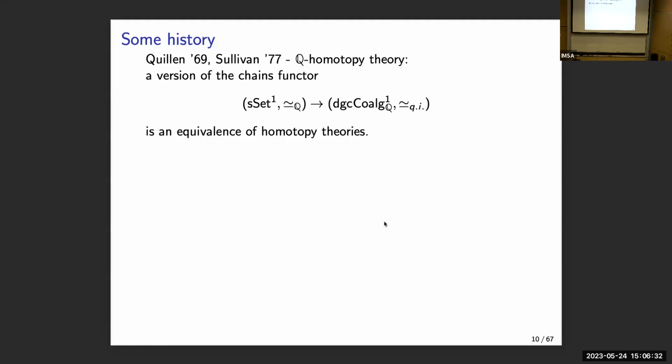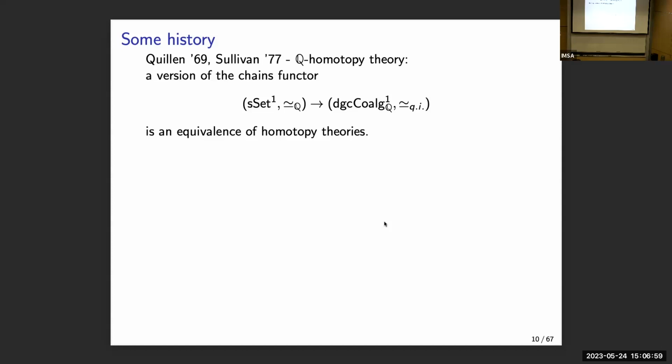And Quillen constructed a version of the chains functor that associates to any simplicial set a differential graded co-commutative coalgebra over the rationals, which is simply connected. I'll explain what that means in a second. It means that degree 1 is trivial.